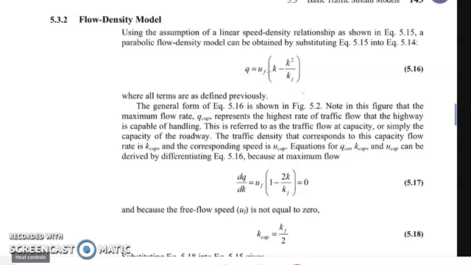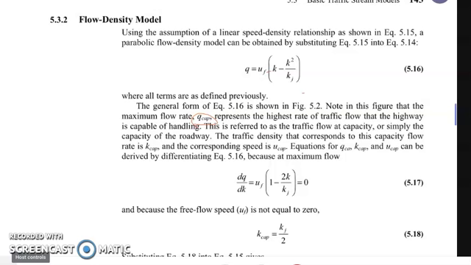All terms were defined a while ago: q, u, and k. Note that the maximum flow rate, represented by q sub cap, is the highest rate of traffic flow that the highway is capable of handling.